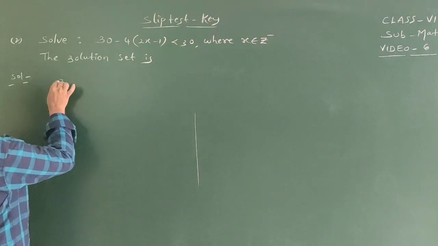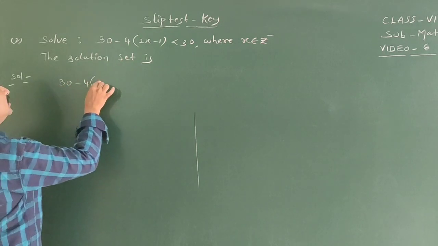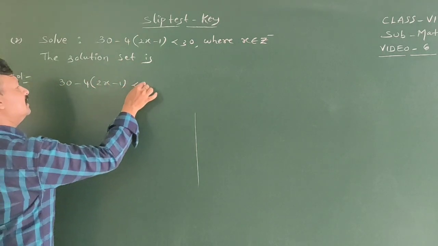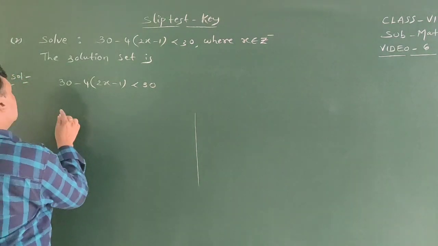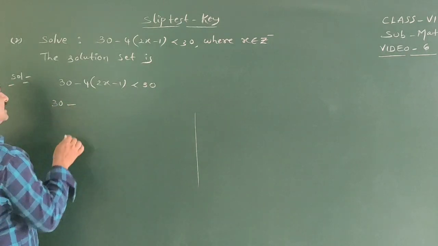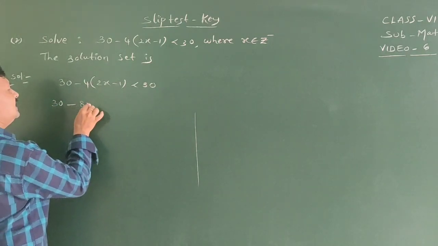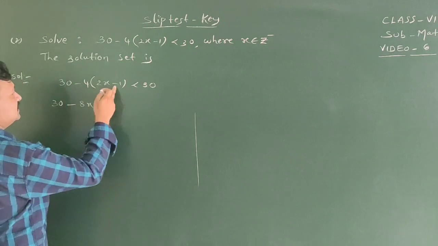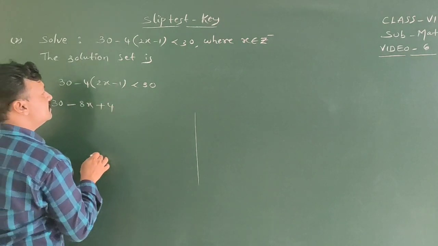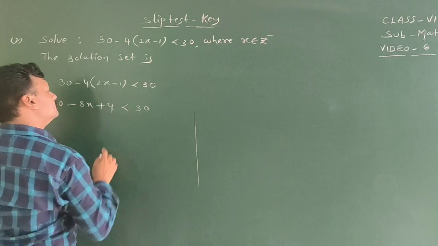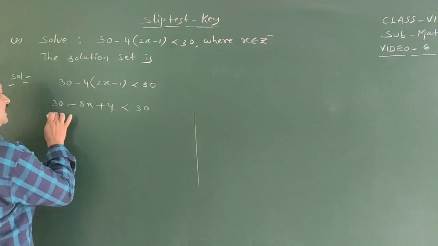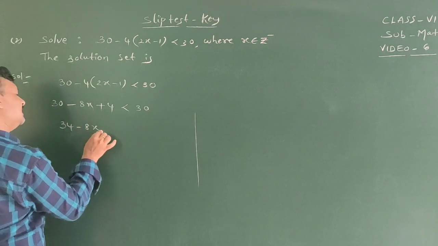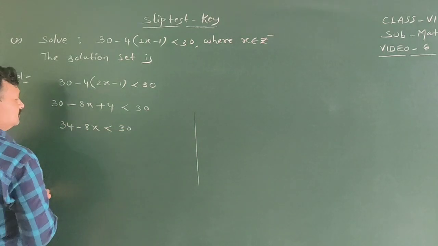Here the given inequation is 30 minus 4 into (2x minus 1) less than 30. Here 30 minus 4 times gives 8x, minus into minus plus 4, less than 30. Here 30 plus 4, 34, minus 8x less than 30.